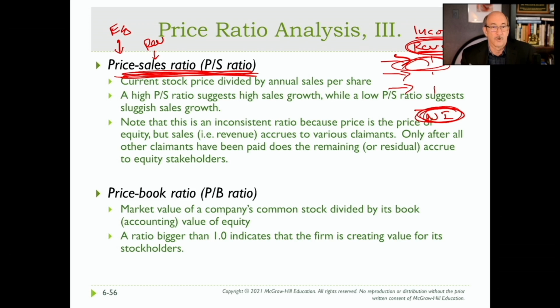Now, if we were to control for all of the firms and analyze their cost structure and say, oh, they're identical, then you might be okay. But that's a heck of a lot of effort. Why do we have this ratio when we could just use PE or price to cash flow? The answer goes back to what Professor Damodaran was saying. I know most of you don't remember the late 90s dot-com bubble, but there were many firms whose only positive value on their income statement was revenue.